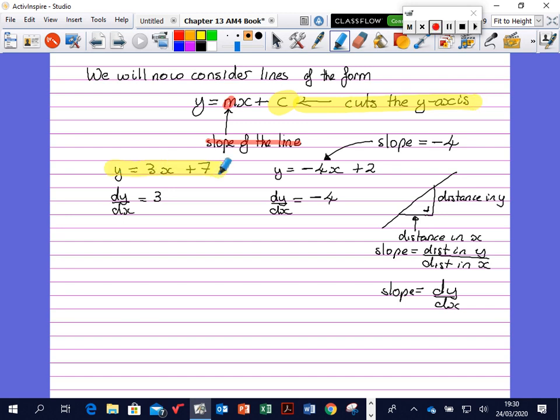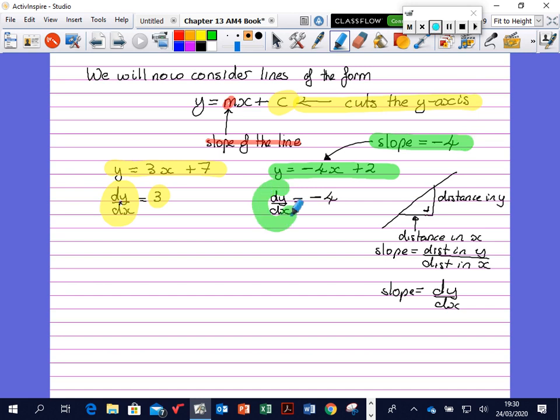So y equals 3x plus 7 has a slope, dy dx, of 3. So if we have y is equal to minus 4x plus 2, we now know the slope of this line from second year work and third year work is minus 4.